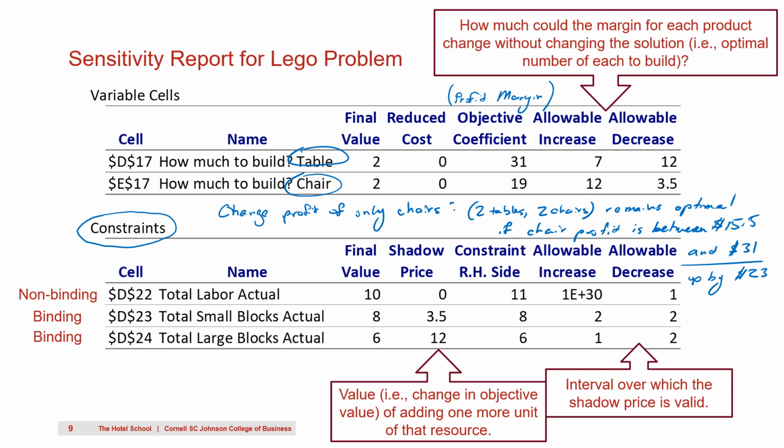So our profit per chair went from $19 to $42 when the selling price went from $37 to $60. That led to 4 chairs and 0 tables as the optimal solution. So that's how we would interpret this allowable increase and allowable decrease of our objective coefficient.